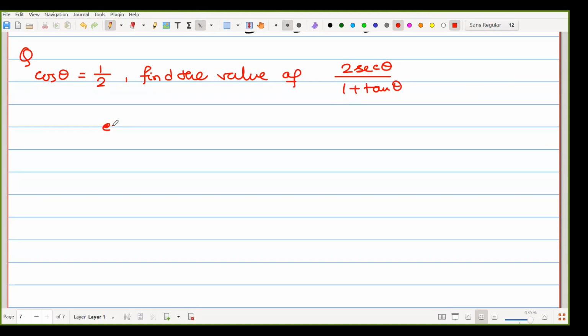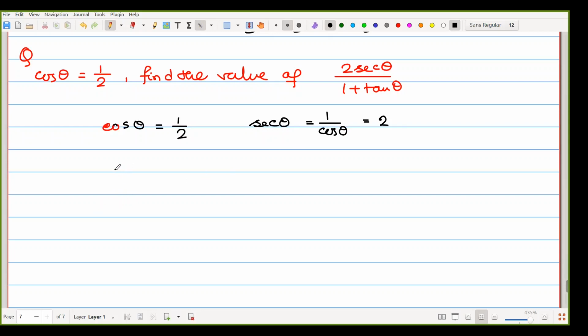So here we have cos theta is equal to half. So from cos theta, we can find out the sec theta. That means 1 by cos theta. That one is equal to 2.